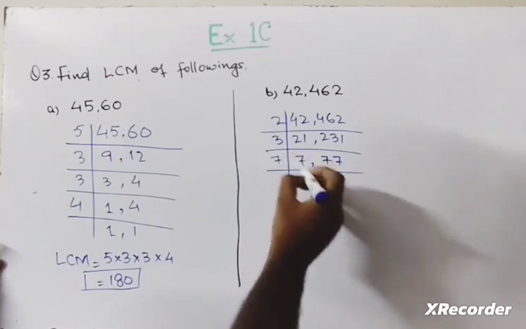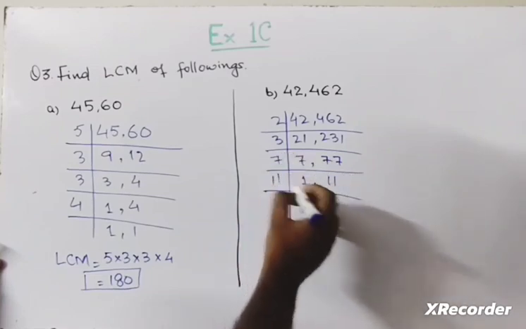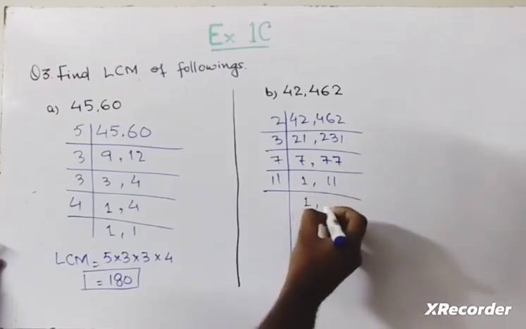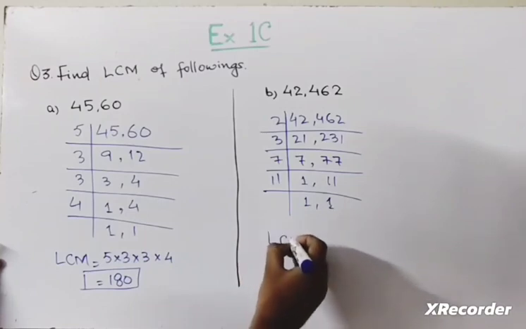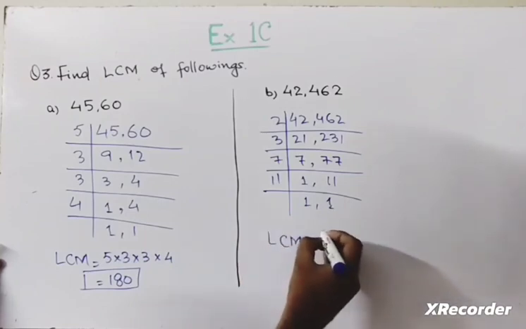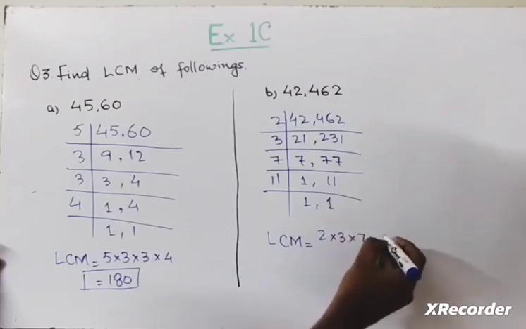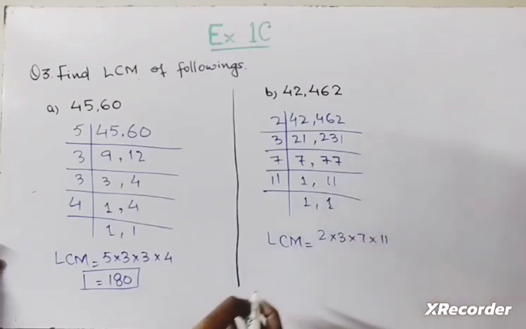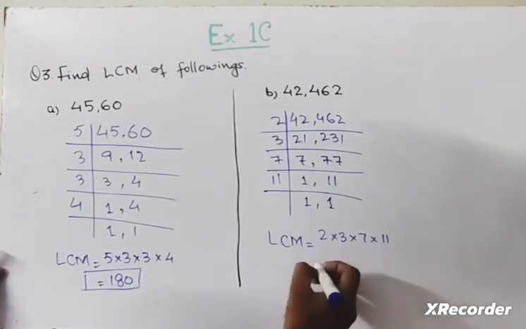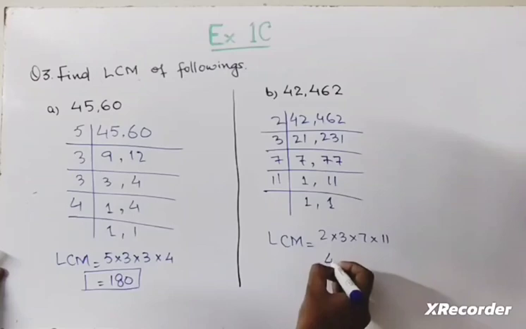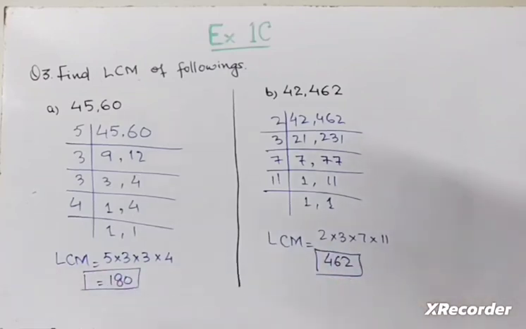With 7 we get 1 and 11. With 11 we get 1, 1. Now the LCM will be 2 times 3 into 7 into 11. By multiplying it we get 462. That is our required answer.